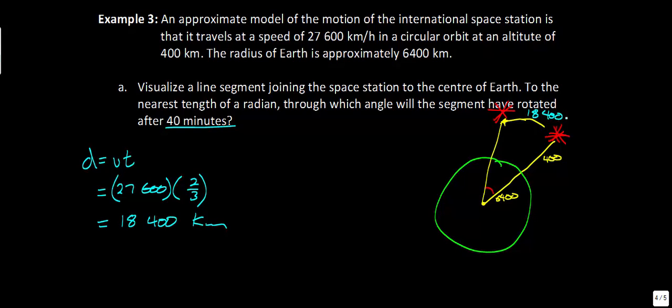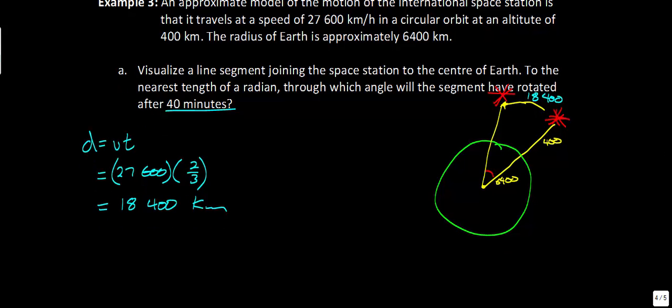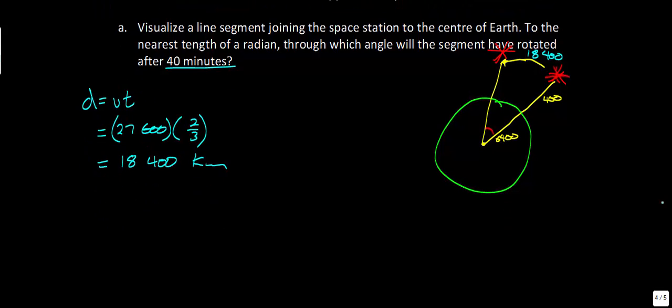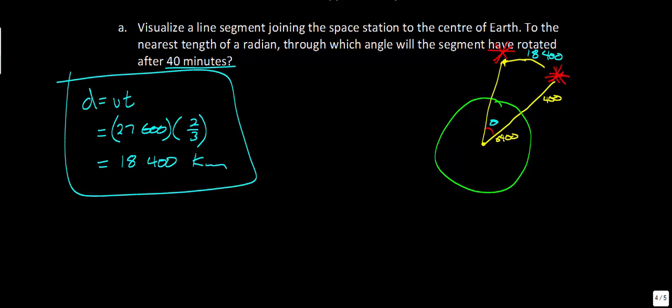Okay. So the next thing we have to do is figure out what theta is, right? We're trying to figure out what this little angle is right there. So what I want you to recall is that we can find theta using this little equation right here. And so maybe I'll just box this up so we know when we're done with that, and we'll use a different color. Let's go back to using pink.